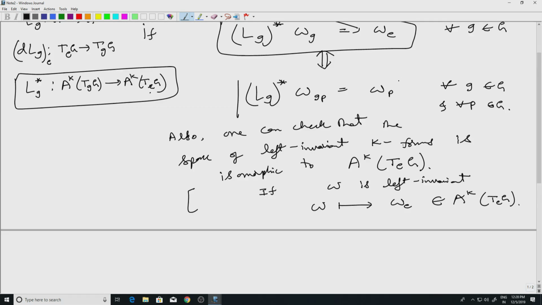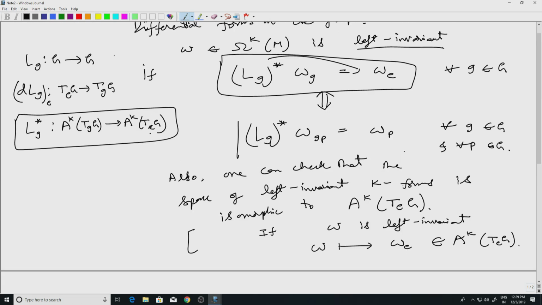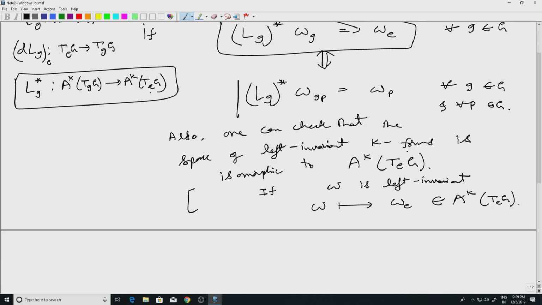But what requires a bit of proof, which I didn't prove even for vector fields, is this: if alpha belongs to A^k T_e G and omega g equals Lg star inverse of alpha, then omega is smooth.